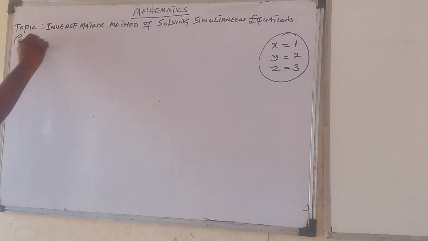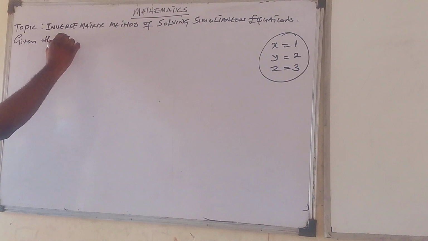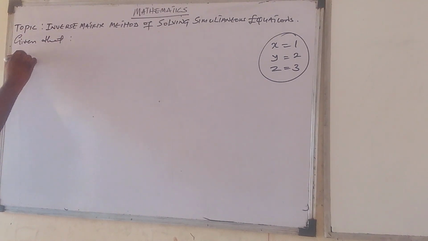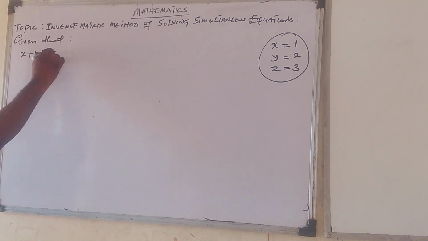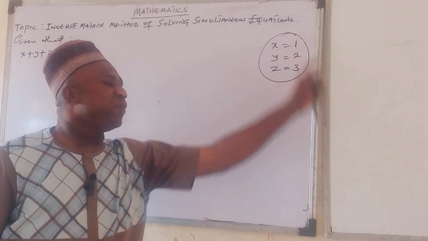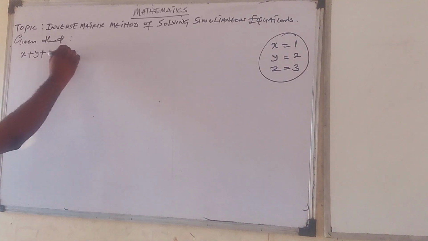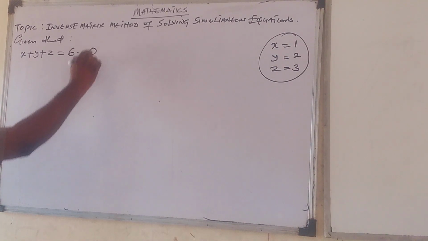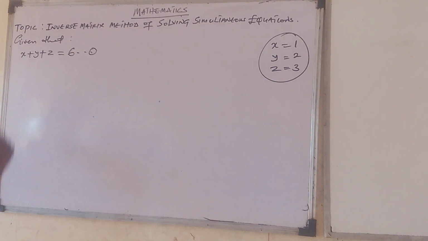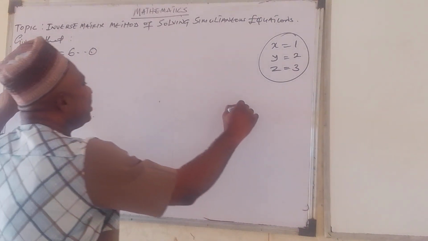Now let's look at equation 1. Given that we have x plus y plus z will be equal to, now we're adding the 3. So this is 5 plus 1, that is 6. So it's equal to 6, equation 1. Yes. Now let's do 3x plus 2y minus z. 3x is 3 times 1, which is 3.